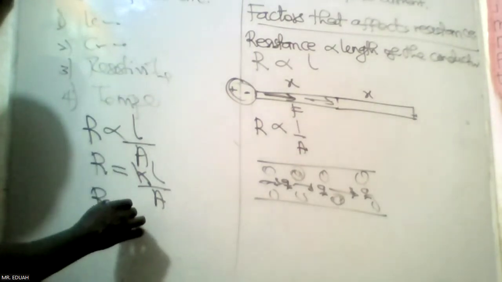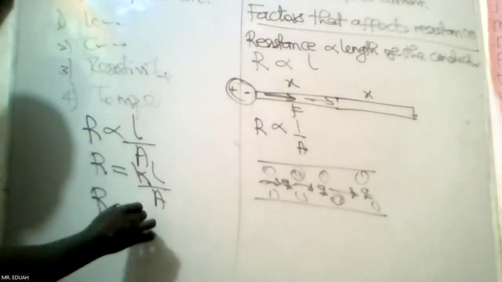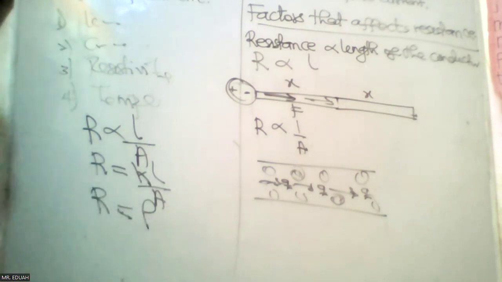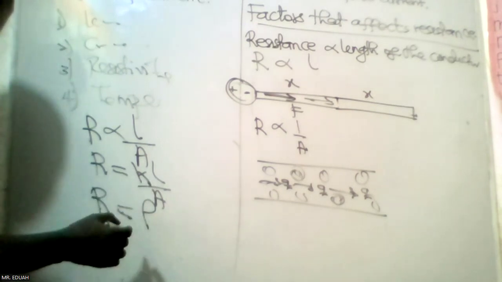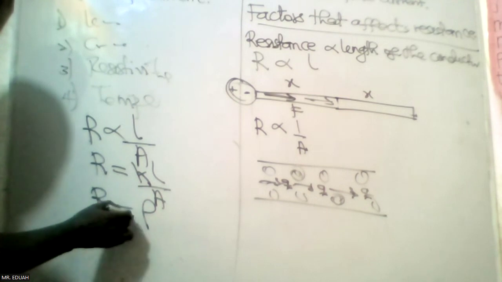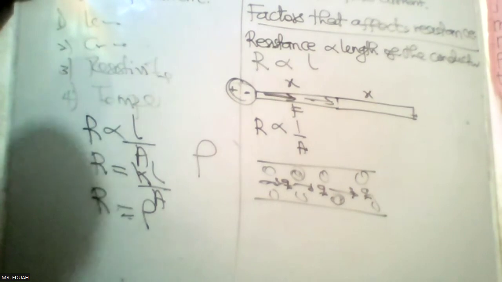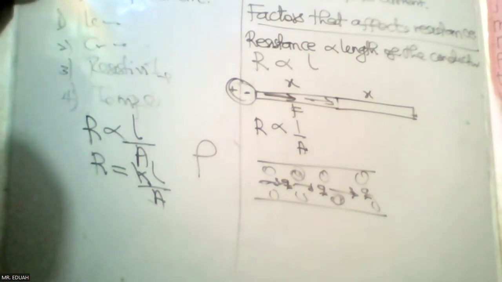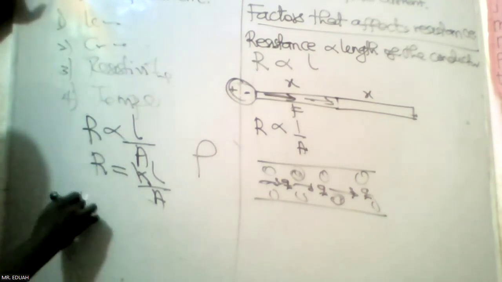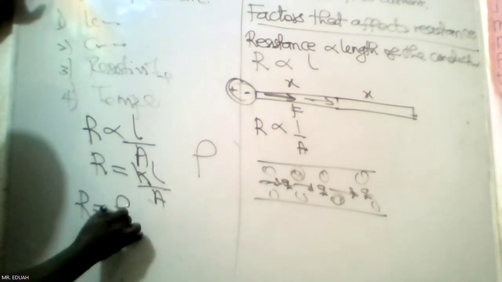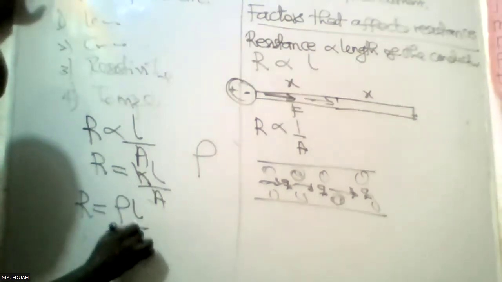So R is equal to K, which is rho. Resistivity has the symbol rho, like the symbol for density. And so when we put these together, we have R is equal to rho L over A.